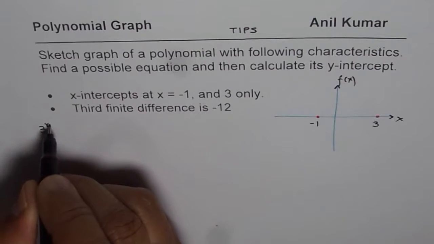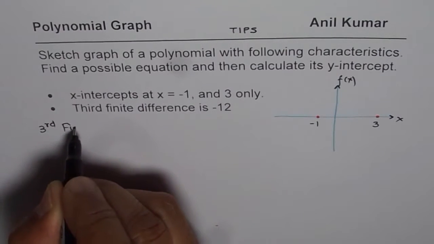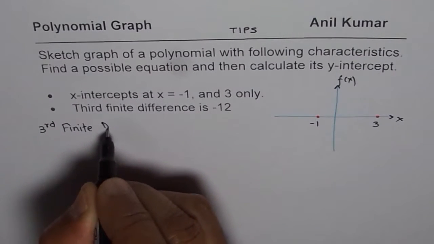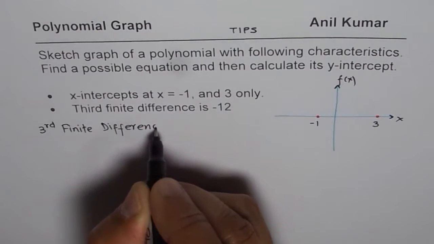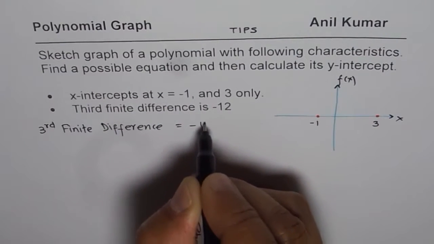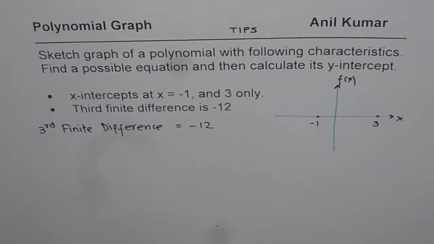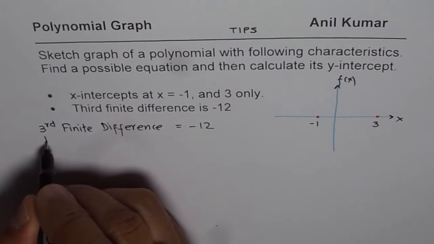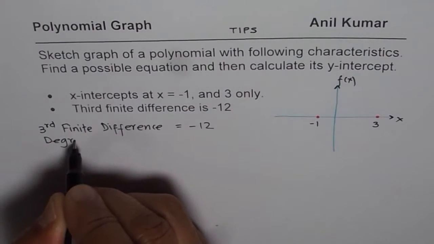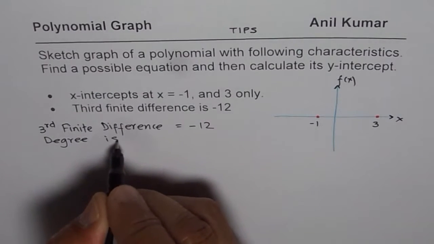So when we say the third finite difference equals -12, that is the constant finite difference. The third time when you find it is -12. It means what? It means that the degree of the polynomial is 3, right?